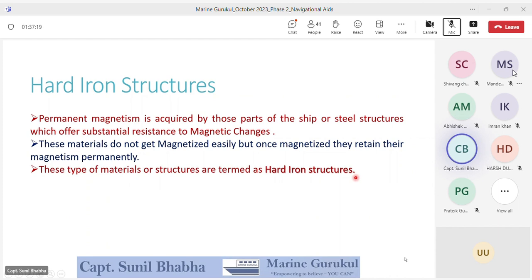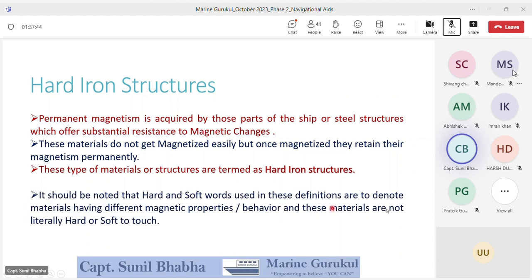Whereas on the other hand, the hard iron structures do not acquire magnetism easily. Just the presence of a magnetic field is not sufficient to acquire magnetism in those structures. But if they get magnetized, then the magnetism remains there permanently. They do not lose their magnetism easily.